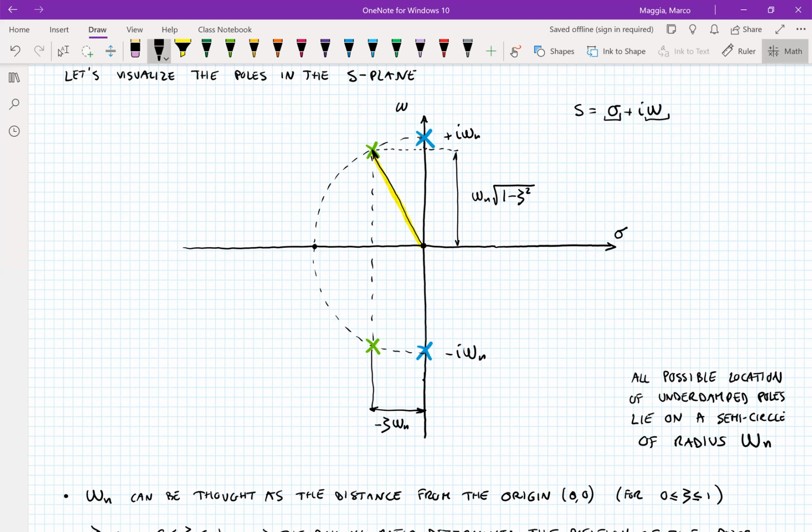Well, we can use Pythagoras theorem, and we have zeta squared omega n squared plus omega n squared times 1 minus zeta squared, everything under the square root, and this is the length of the arrow.